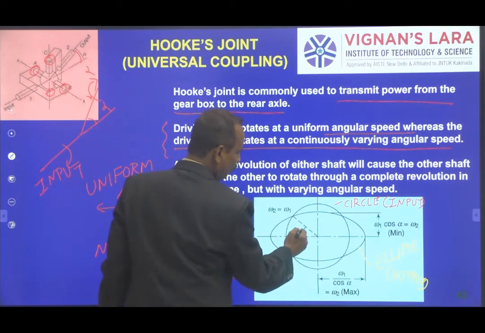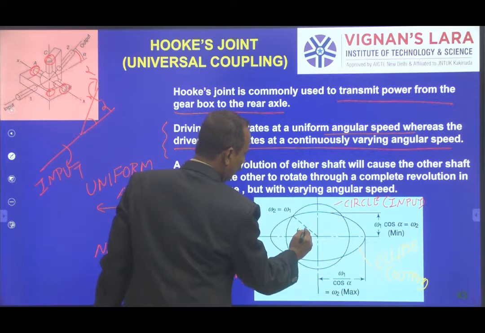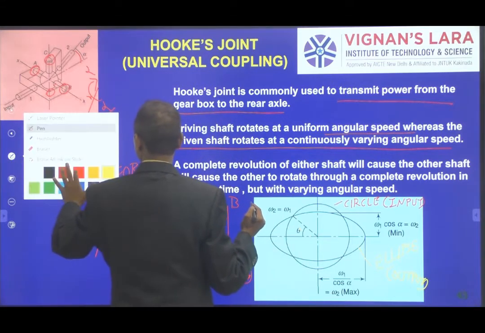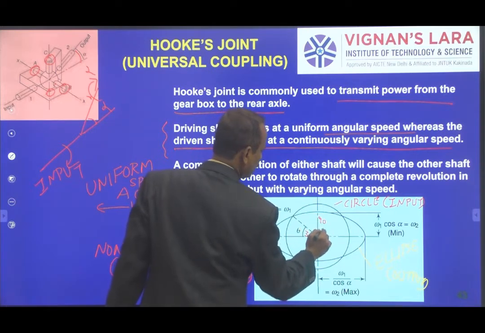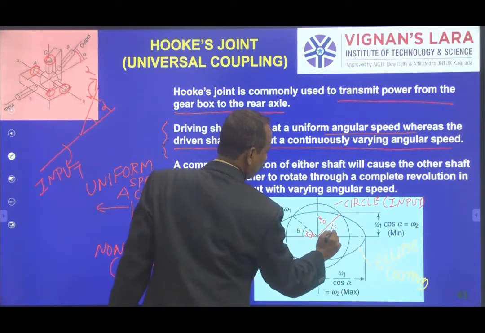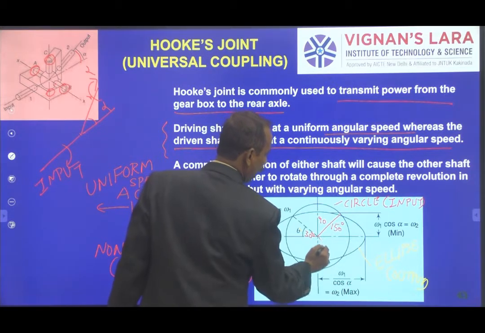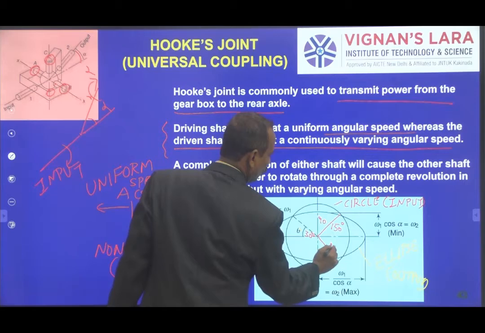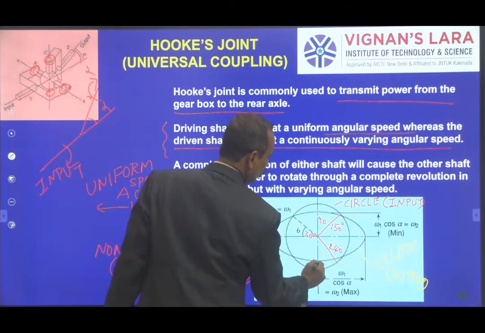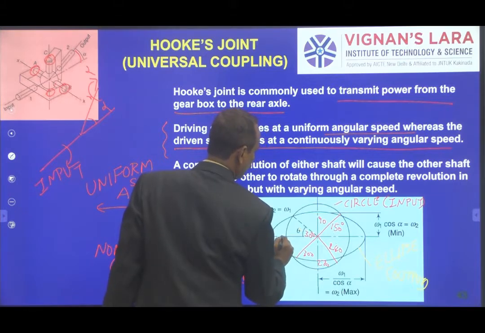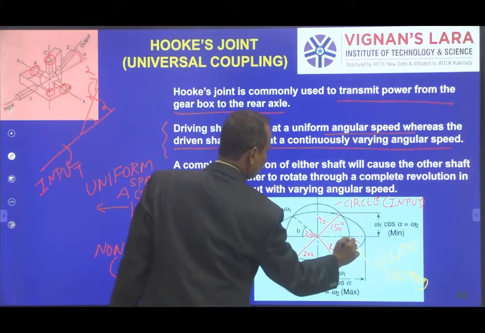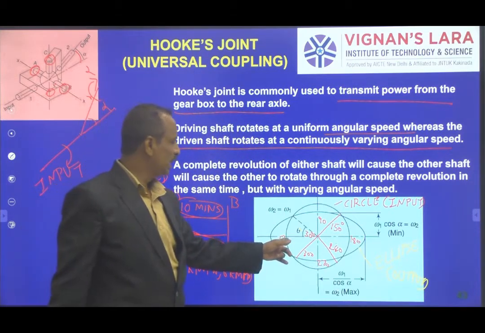So theta input is, say, 30 degrees, like 90 degrees, like 150 degrees, and so on, like 240, 270, 300, and 0, which means 360.